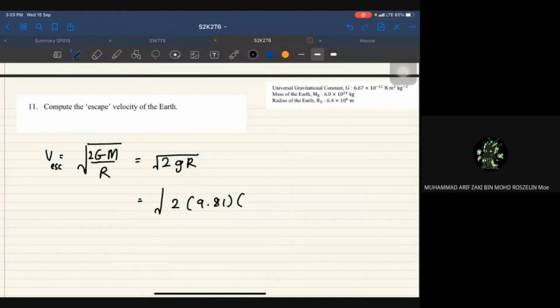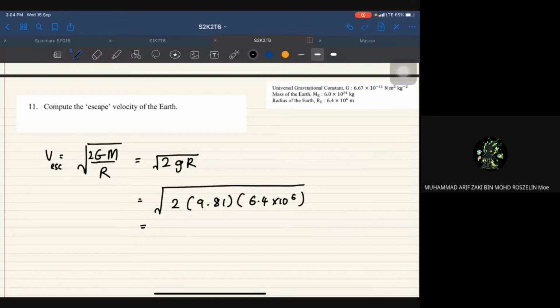R here will be radius of the earth 6.4 times 10 to the power of 6. But remember, this one only valid for earth. So any object, when you try to escape the velocity, when you try to calculate the velocity of V escape, dia hanya ada satu value je sebenarnya. Kalau kamu perasan lah, tak kisahlah objek tu berat ke ringan ke apa, yang penting mass, velocity dia.